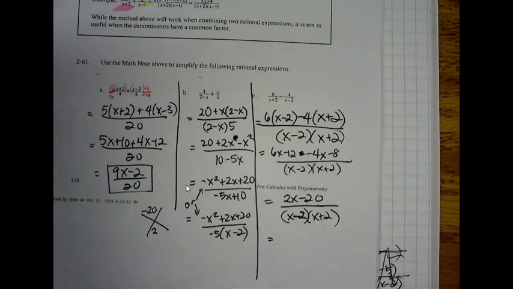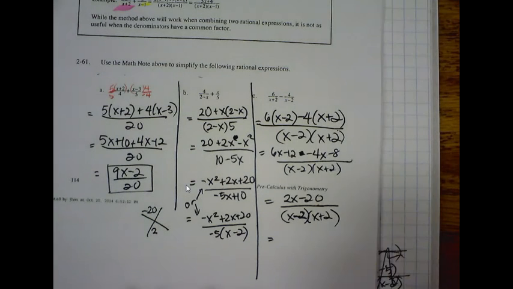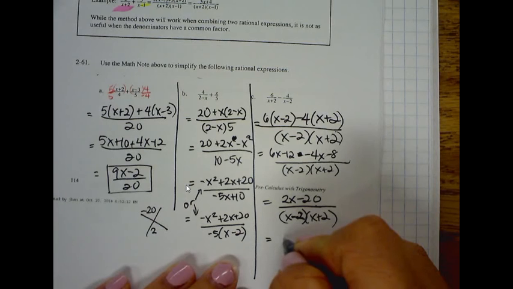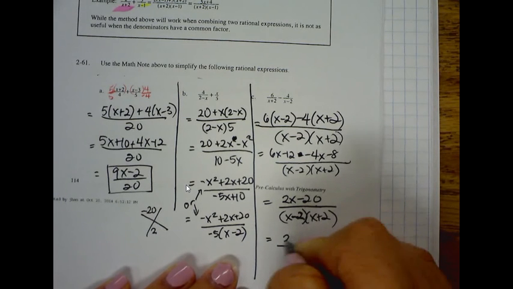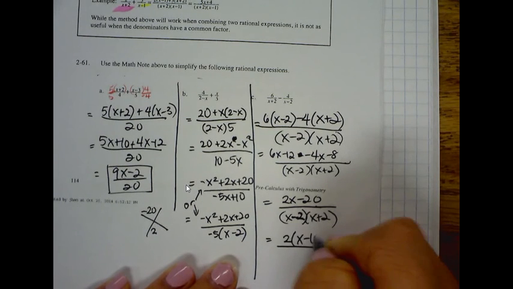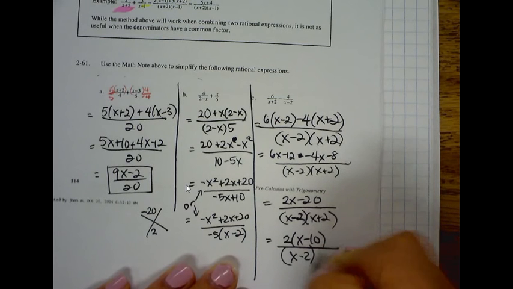Any questions on how I got there? Now, I might want to just factor it. I don't have to, but it's kind of nice. If I factor out, what can I factor out from the top? 2. Then you have x minus 10. Now, can that cancel out with anything on the bottom? No, but everything's perfectly factored. 2 times that over that times that, and there's my answer. Okay?